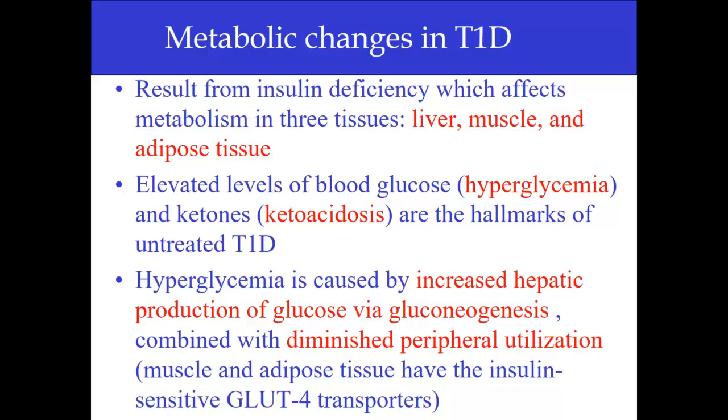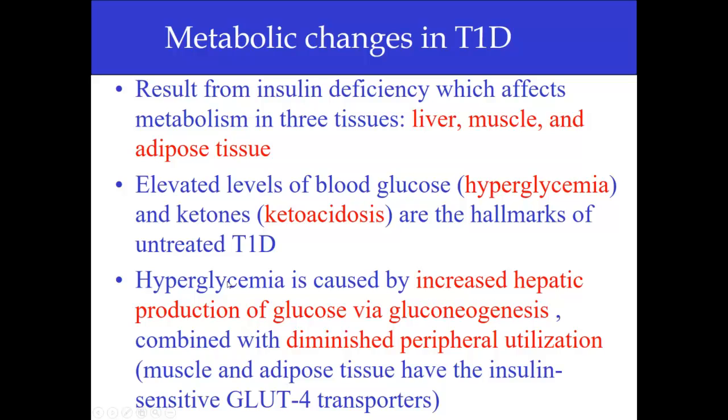So, what are the metabolic changes in type 1 diabetes? All the metabolic changes are the result of insulin deficiency, which is going to affect mainly those three tissues: the liver, muscle, and adipose. We will see hyperglycemia and formation of ketone bodies or ketoacidosis, which are the hallmarks of untreated type 1 diabetes. Why hyperglycemia? Because we have no insulin.